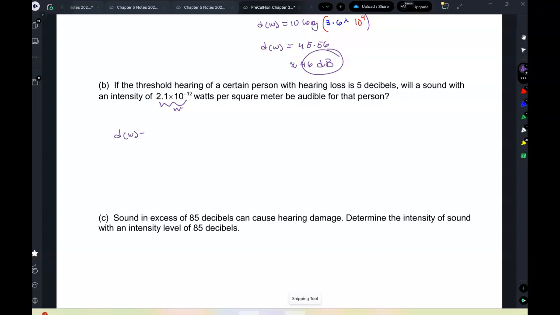D of W is equal to 10 log 2.1 times 10 to the negative 12 over 1.0 times 10 to the negative 12. These go away, so I'm just left with 10 log 2.1. Can somebody plug that in? 3.22. So can this person hear the sound? No, because their threshold is 5 decibels. That means any sound has to be at least 5 decibels or more, so this person can't hear that sound.